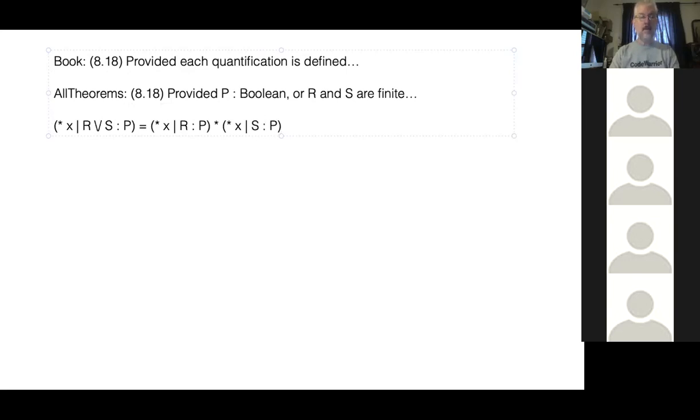Okay, so that's the rule. The book has this constraint, and the all theorems list has that constraint. Those are different, and you could legitimately ask, who's right? What do these even mean?